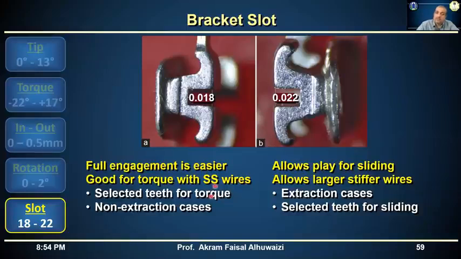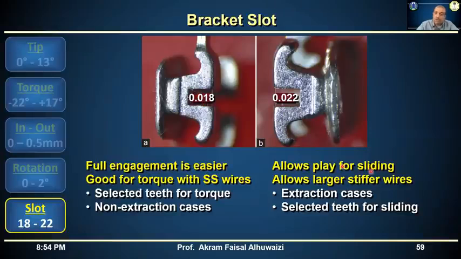I would select them for non-extraction cases, because non-extraction cases don't require heavy gauge wires or a lot of control. So even if the wires are thinner, in non-extraction cases, 18 slots are fine. But still, the amount of play and sliding is less. A 22 slot allows for play, so there's sliding.